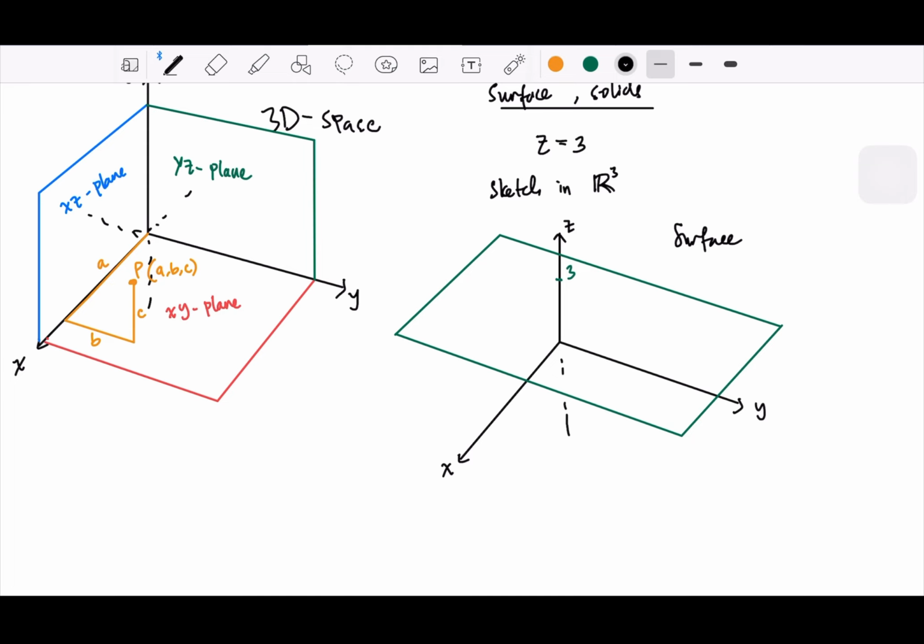And precisely, if you rotate the axes and look through the xz plane, you will see that z equal 3 is a line, right?